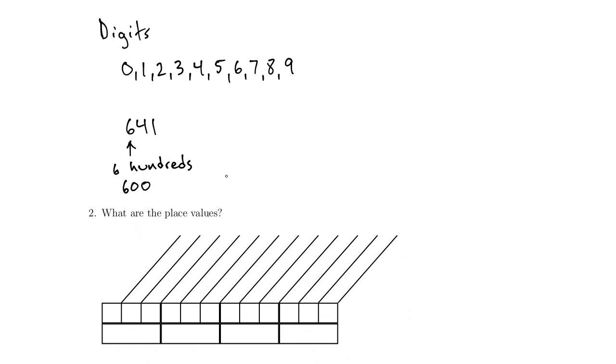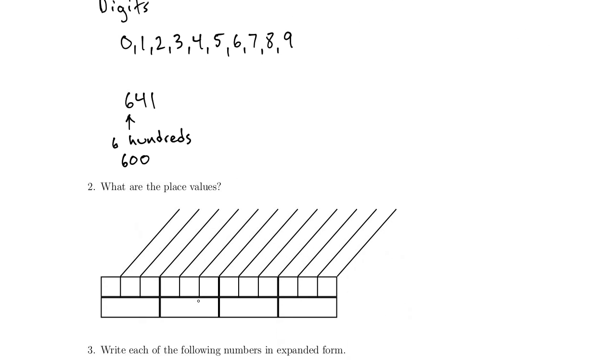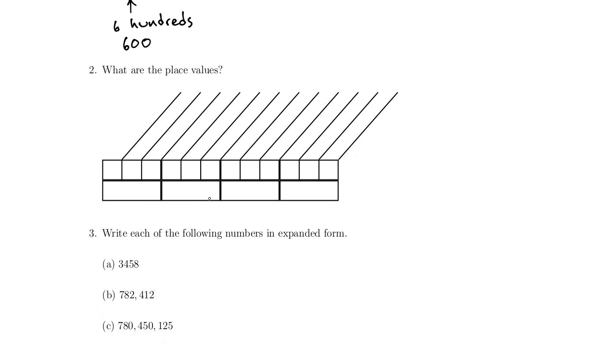Alright, let's move to the next item here, which is what the place values are. So we're talking more about what the place values are for our whole numbers. So I'm going to write down a really big whole number. This is just a huge number.